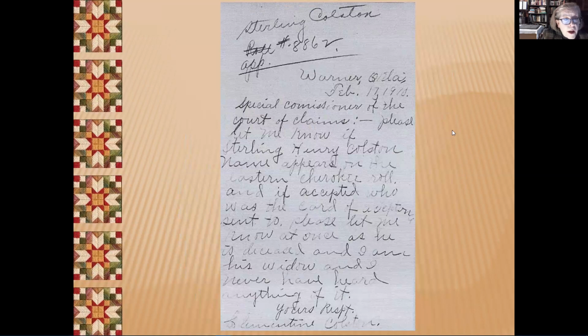And then this one was February 17th, 1910. Now remember, they received his application in January of 1907. And some of this is faded, so I've transcribed it here.